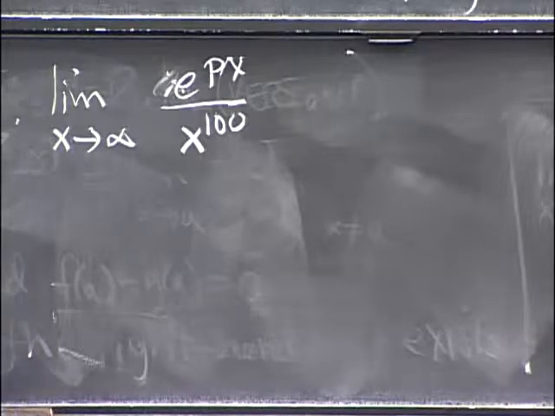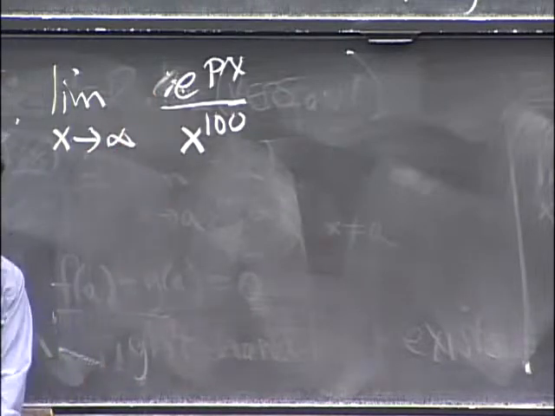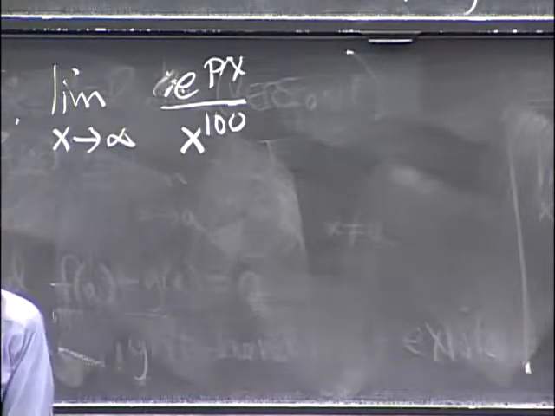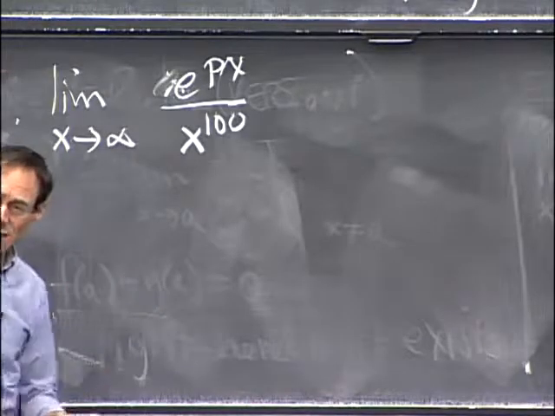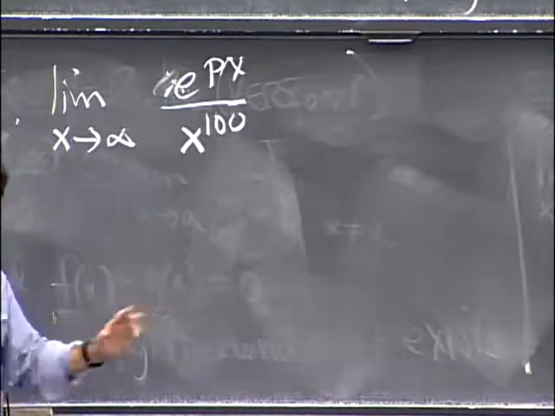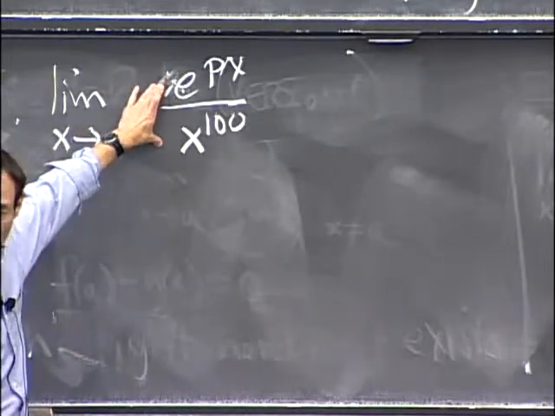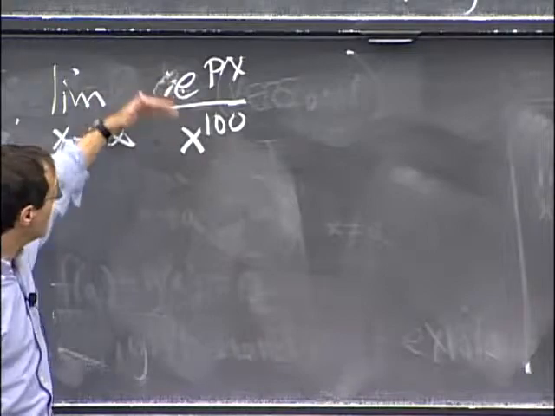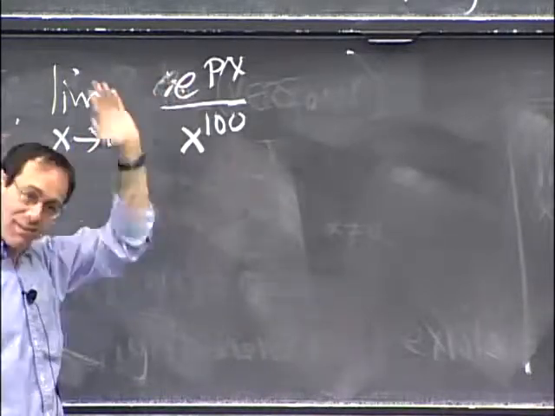Now, this is an infinity over infinity example again, and you can work out what it's doing. But there are two ways of thinking about this. There's the slow way and the fast way. The slow way is to differentiate this 100 times, that is, apply L'Hopital's rule over and over and over again, all the way down.